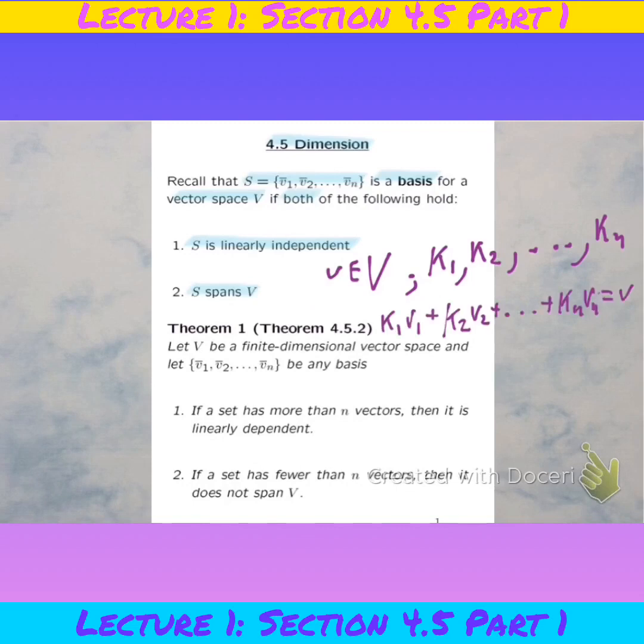All right, so that equation needs to hold. So in other words, V is a linear combination of the vectors in S. So if you can find such a solution for each V, then we say that S spans V.